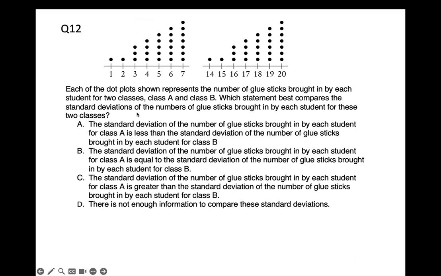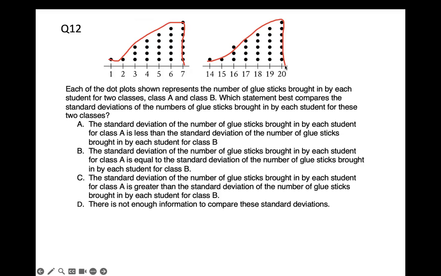But the standard deviation is the deviation from the mean. It's the spread. So if the shape of the graph is the same, standard deviation does not change. And this is how you can know if the shape is the same. Look at what they look like. They look the same. The spread, whether it's deviated towards the left or right, is the same. Therefore, standard deviation does not budge.